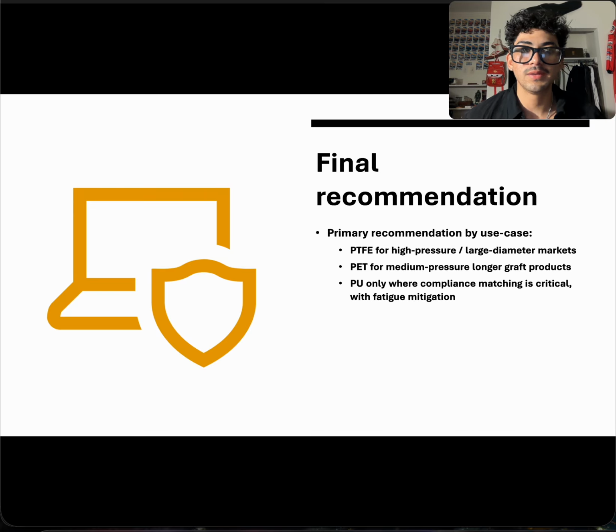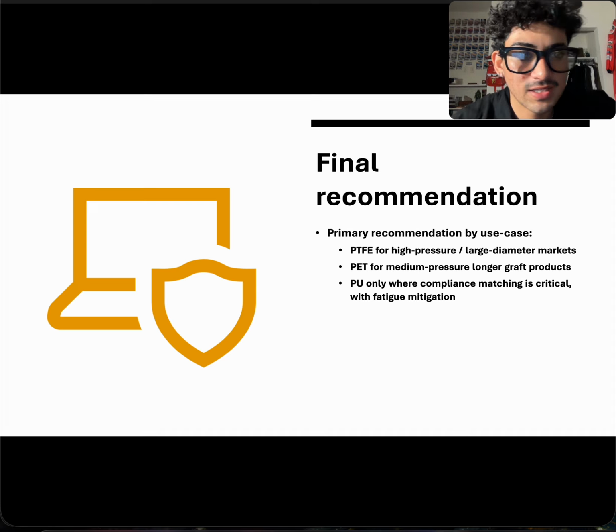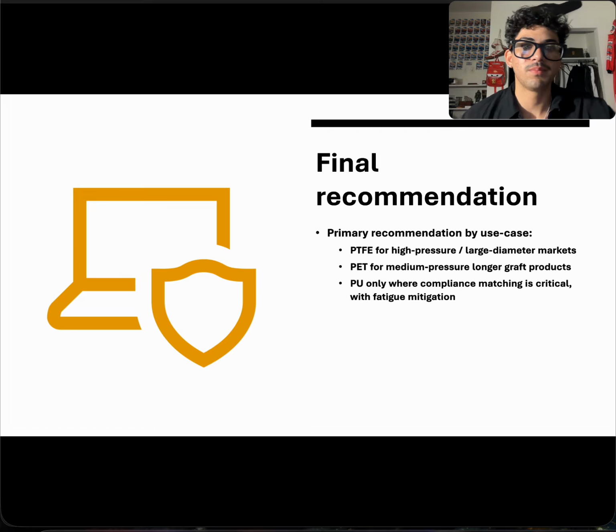PET should be prioritized for medium pressure, longer graft segments where stress distribution is balanced and compliance matters. Polyurethane should be positioned as a specialized compliance matching graft for smaller or more dynamic vessel regions, but only with fatigue mitigating reinforcement and further testing. On the length side, avoid unreinforced ultra short patches as standalone surge load products because they amplify stress at interfaces.